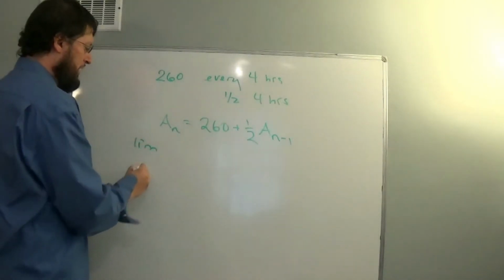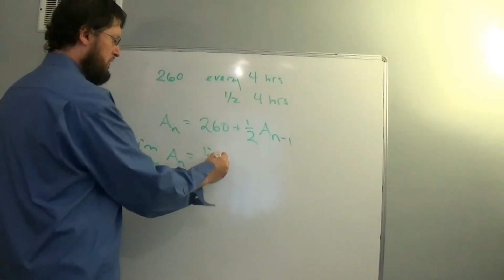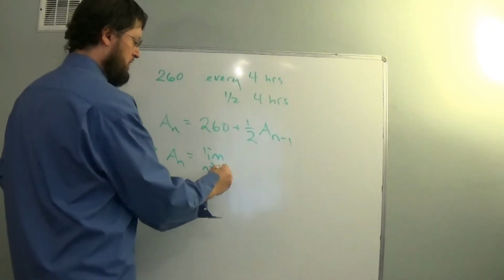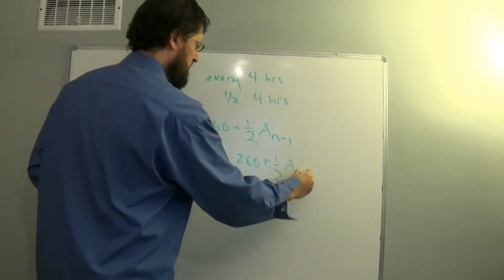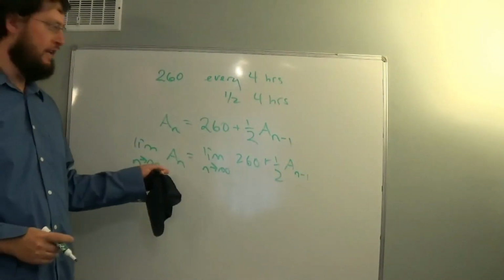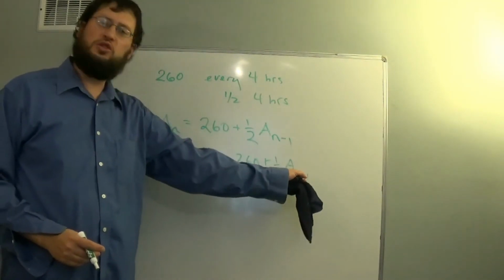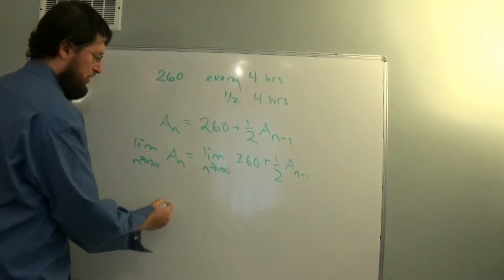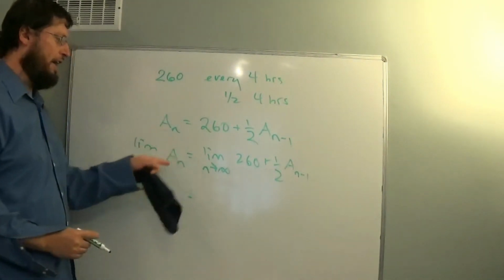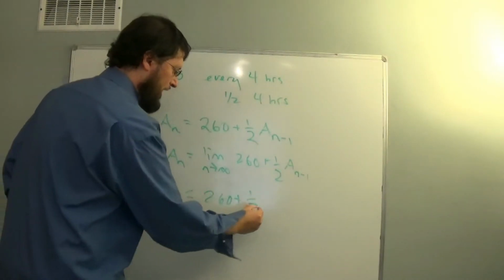If we take the limit of both sides as n goes to infinity, remember that the limit of A sub N is exactly the same as the limit of A sub N minus 1, because this is just one term behind, and at infinity they are the same. So we'll think about this as x, and this is the same as 260 plus 1/2 x.